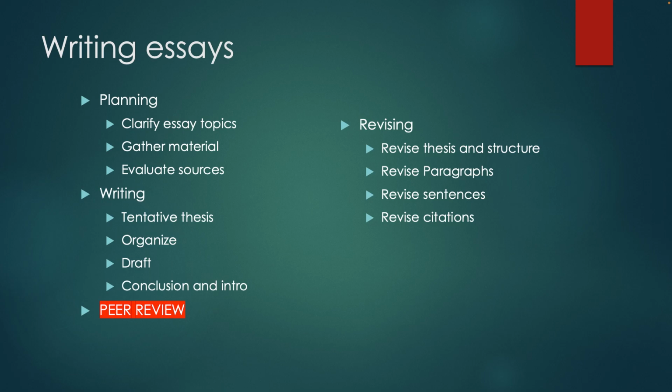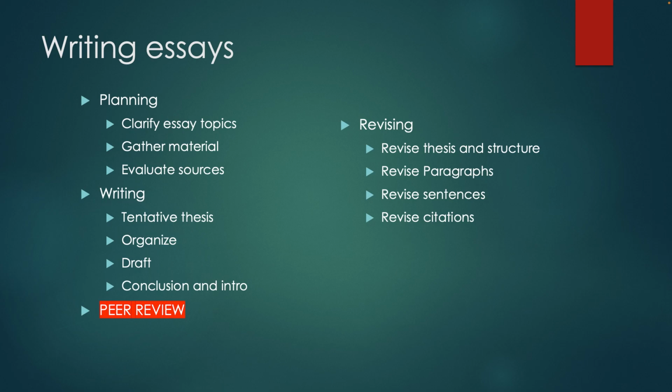Write that shitty draft. Don't worry about your conclusion and your introduction until the end. I strongly recommend that you write your introduction last. How are you supposed to write about what you're going to write about unless you've written it already? So I recommend body paragraphs, then conclusion, then introduction.